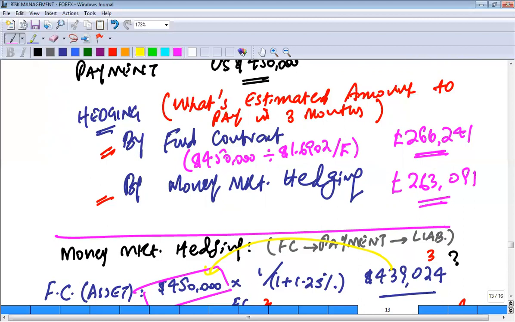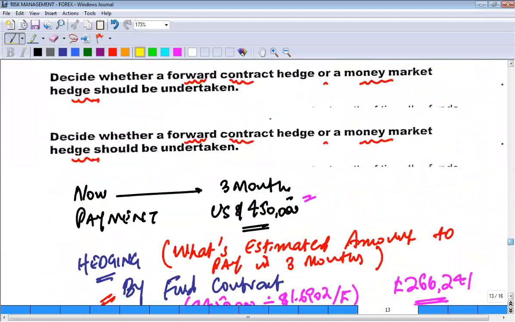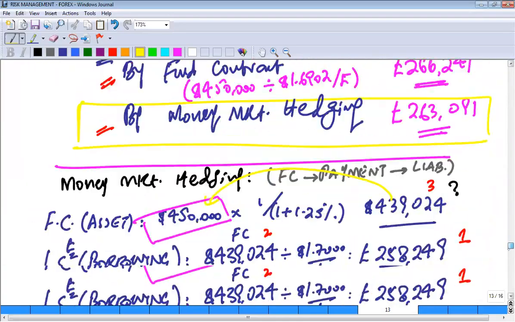So here the money market is the better option because the payment amount is lower, with respect to the payment aspect. So this is what money market hedging is about.